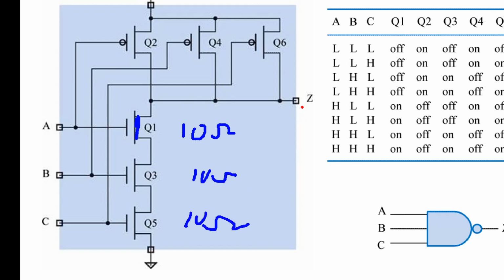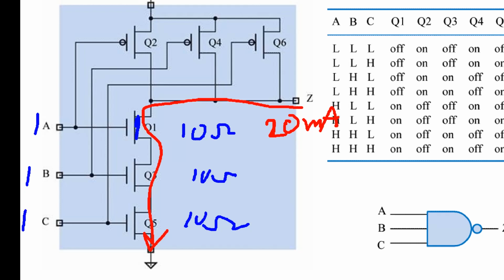And if the current flowing through the transistor is, for example, 20 milliamp, that means when I apply 1 here, this one turns on, this one turns on.